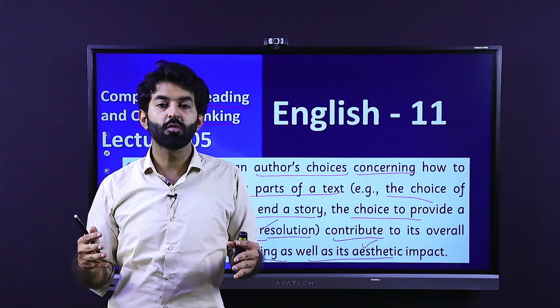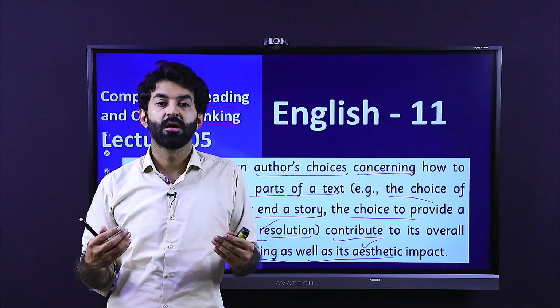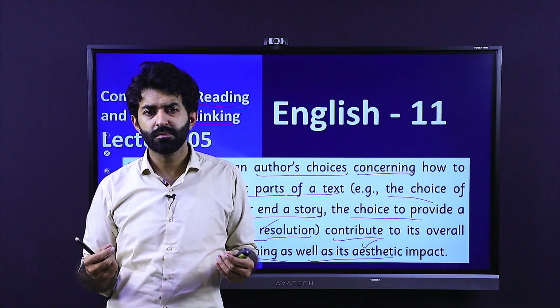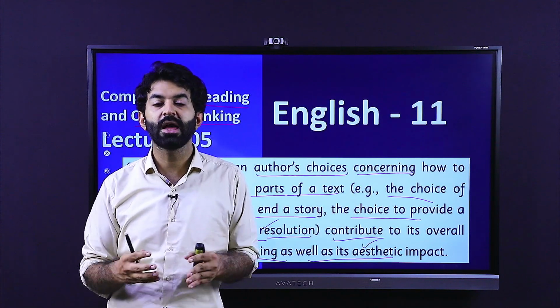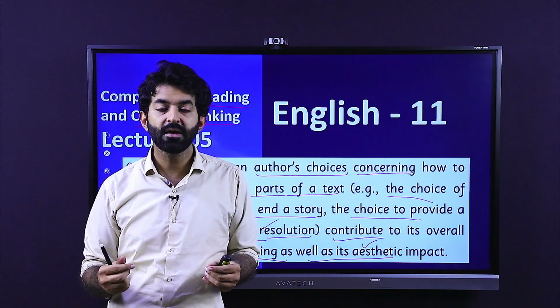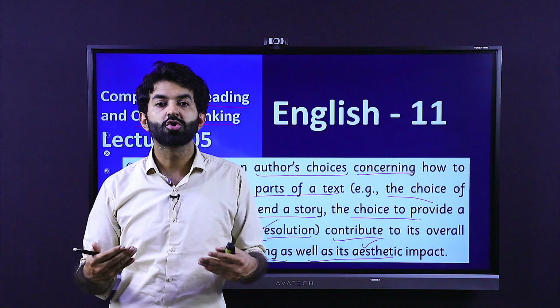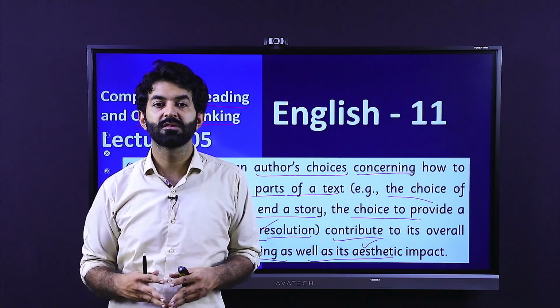And if the author wants to resolve everything with a happy feeling, with a very good happy ending, then that is also dependent upon the author. We can analyze these choices of the author, and then we can actually talk about the story, interpret it. We can also analyze it critically.